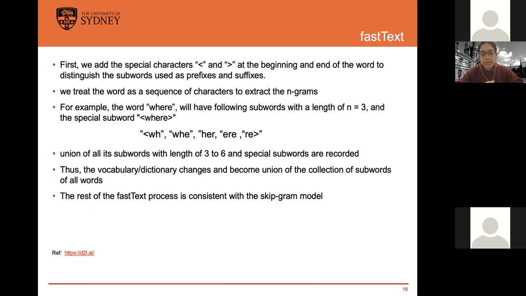In this algorithm, we first start with a special character at the beginning and the end of the word, and we create multiple subwords. Ideally, the length varies from 3 to 6, but it can be changed. So you create multiple subwords from your existing words, your vocabulary increases, you have a bigger dictionary, and you then apply the skip-gram model to it.